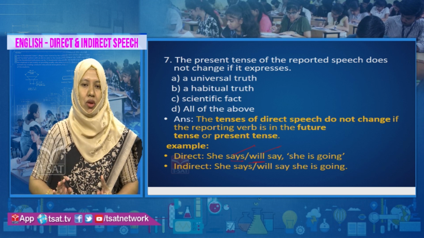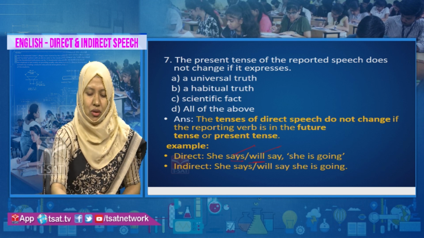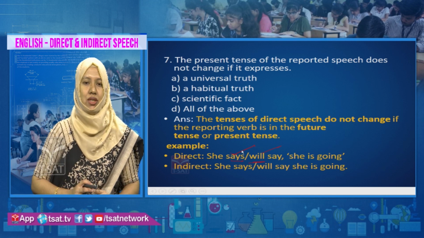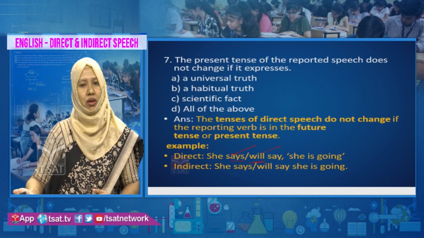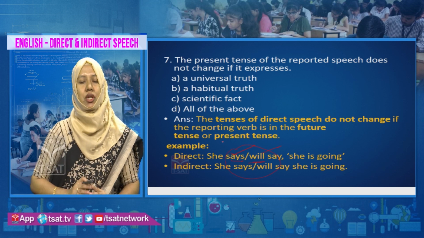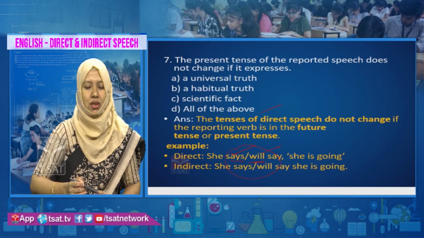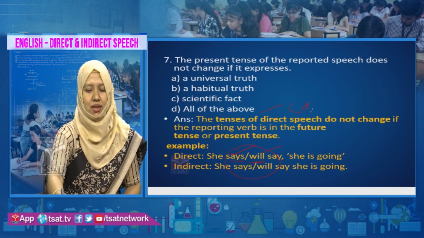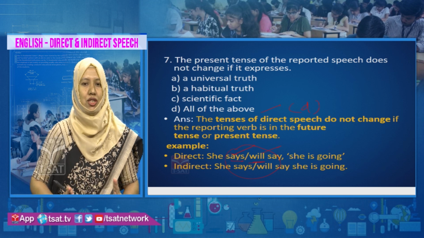You only have to write the reported speech as it is. She says she is going, she will say she is going. The verbs will never change, present and future tense verbs will never change. So, of all the above options, option D is the correct one. Universal truth, habitual truth and scientific facts will remain unchanged.